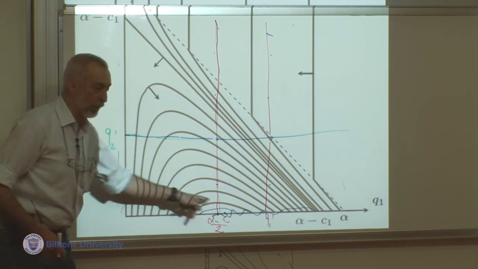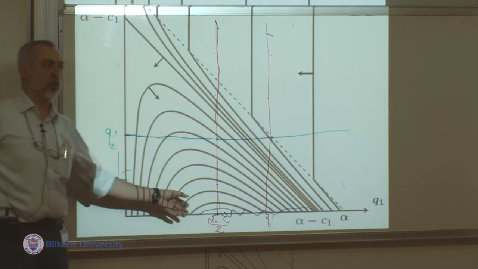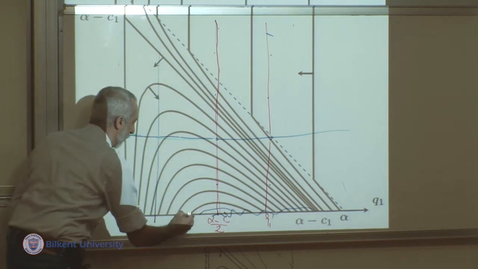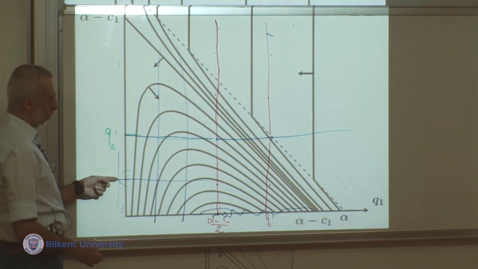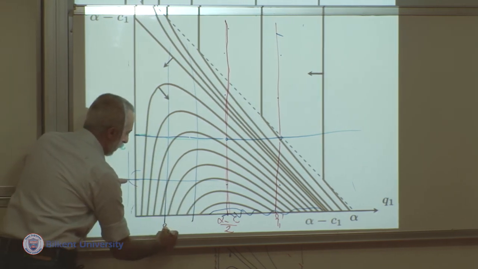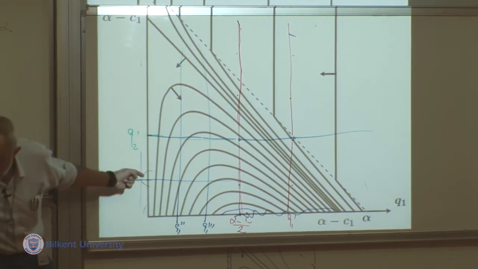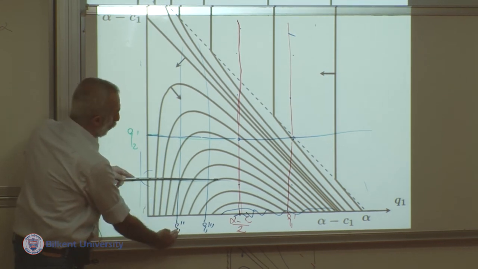What about these strategies? Are these dominated strictly or just dominated? For that, you have to show that sometimes one is better, sometimes the other. So if you take any two strategies in this region, call them Q1 double prime and Q1 triple prime. For this strategy of player 2, playing Q1 double prime is better than playing Q1 triple prime.